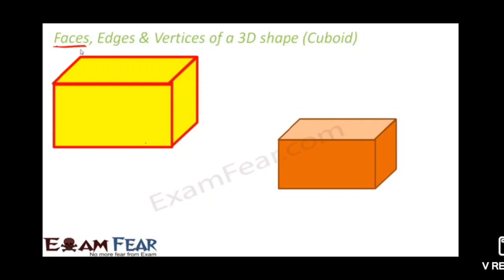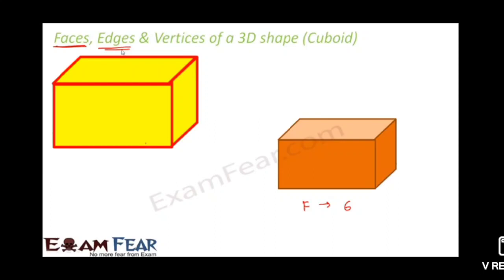See, this one is one face, the downside is one face, then the back side, left side, right side, then the front side. These are the faces of a cuboid. So how many faces are there in a cuboid? Yes, 6 faces: top, bottom, left side, right side, back, and front.